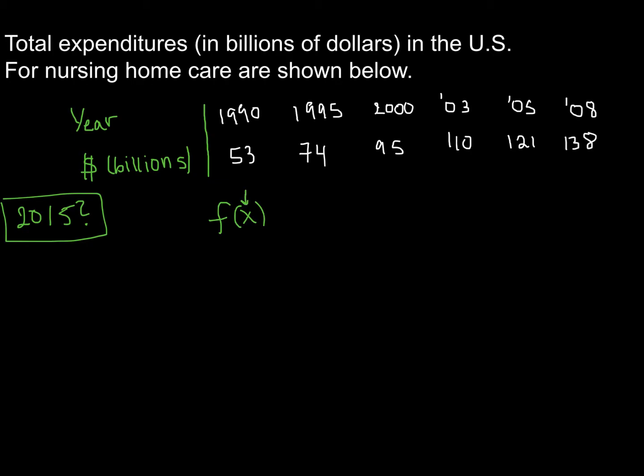So my initial value would be 53, and that could be found when I plugged in 0. And then to find the value at 95, that would be when I plug in a value of 5. So when I get to 2005, there I'm plugging in 15, that would be my value 15 years after 1990. Go ahead and work through this problem.